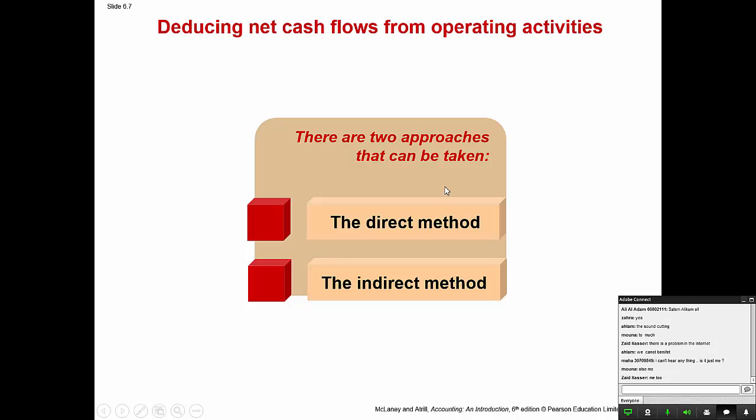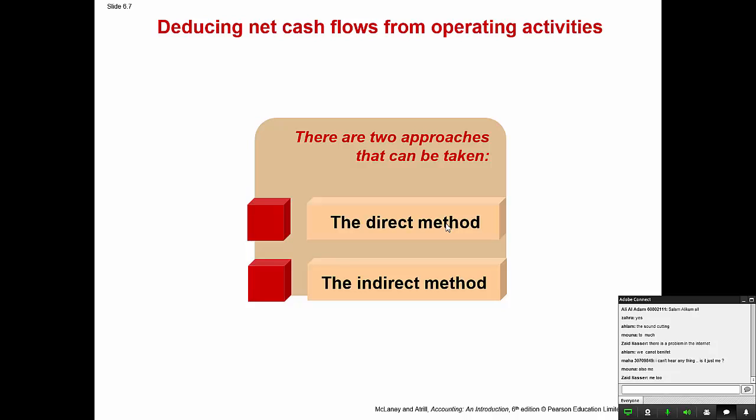The direct method is related to the records that we have in the business. For example, if we have a computer system, an accounting system in the business, we can get the cash flow from operating activities directly from the computer system or the accounting system, by checking the accounts and finding the receipts and the documents that we have in the system, so that we can find directly the cash flow from operating activities.